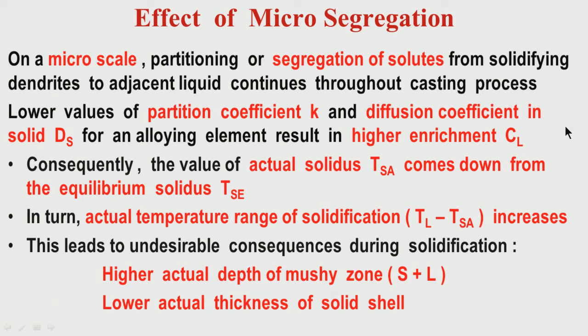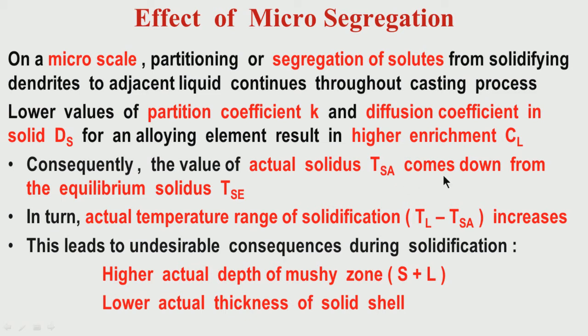Second, the lower the value of k and the lower the diffusion coefficient of that particular element in the solid, which we call back diffusion, because of these two lower values, Cl is increasing, that means segregation is more, and the more the segregation, the actual solidus becomes low. So, the difference between TAC and TSA, that means the equilibrium solidus and the actual solidus, becomes more.